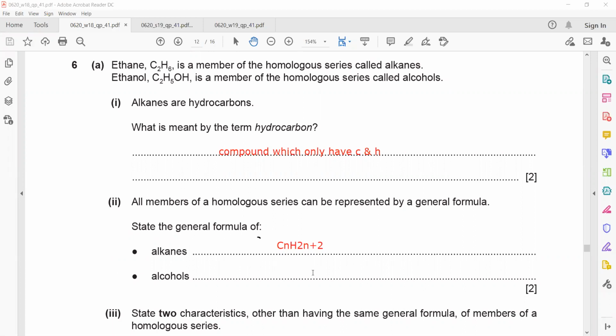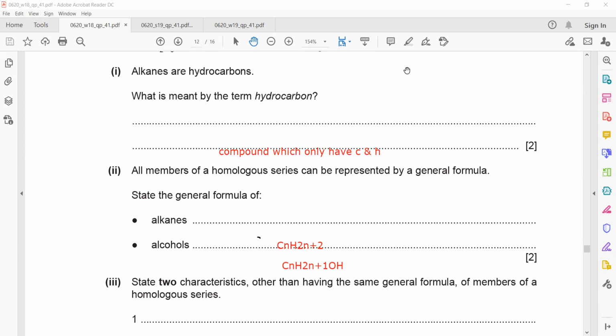It is CnH2n+1OH. That is the general formula for alcohol. This will be a subscript, but because I'm copying your answers, it appears as a number, but it should be a subscript.